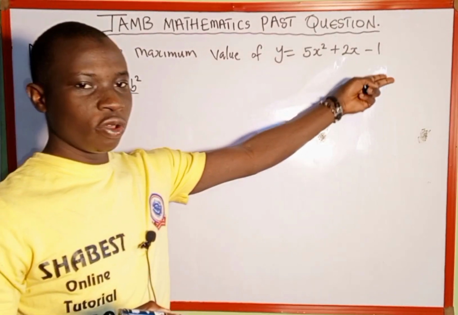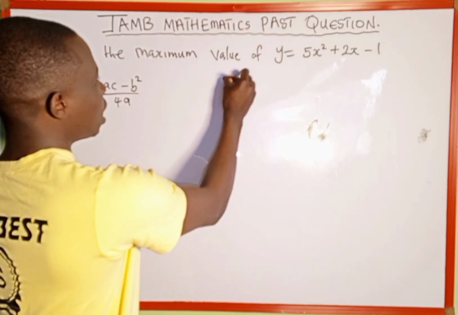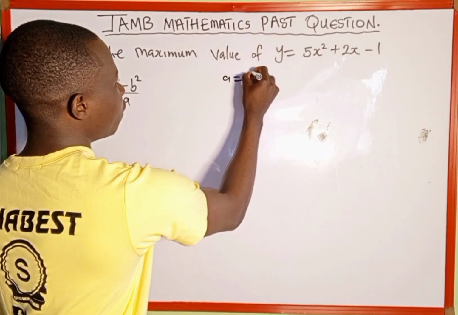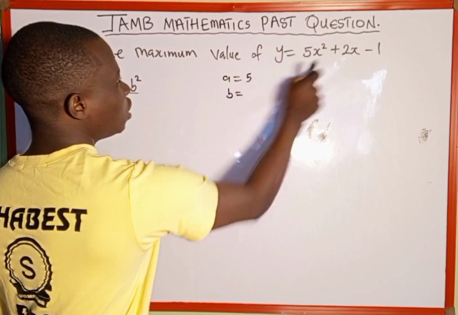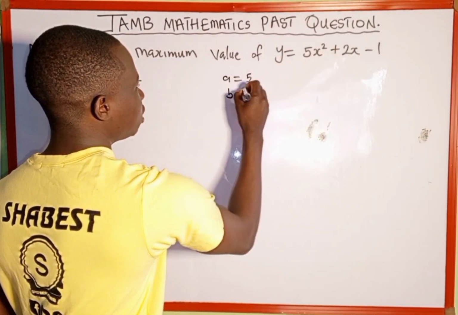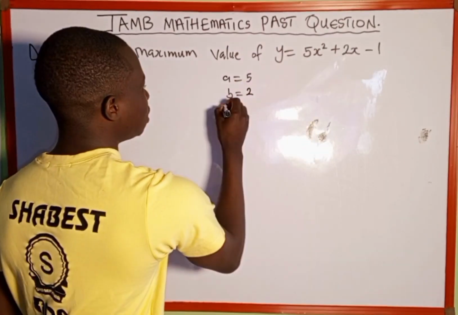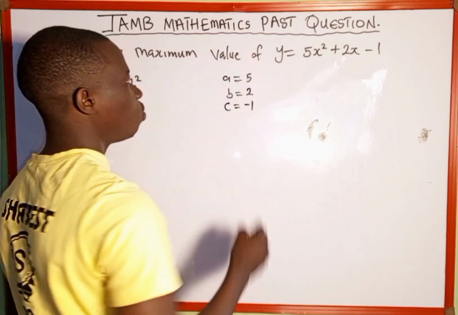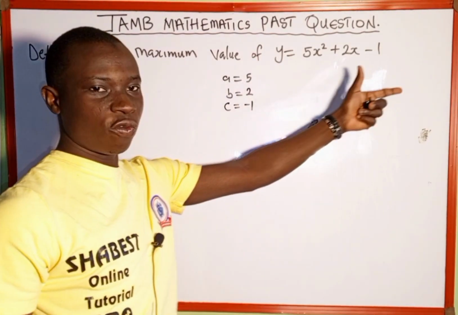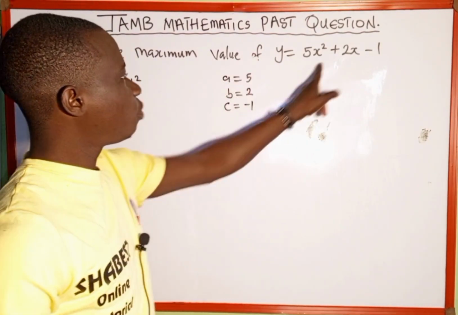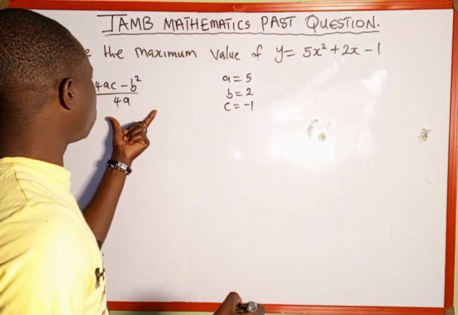From this polynomial, a is going to be our leading coefficient, which is 5. Then b is the coefficient of the middle term, the coefficient of x here, which is positive 2. Then c is the constant, which is negative 1. So having gotten this from the polynomial, we're going to replace it back into this formula.